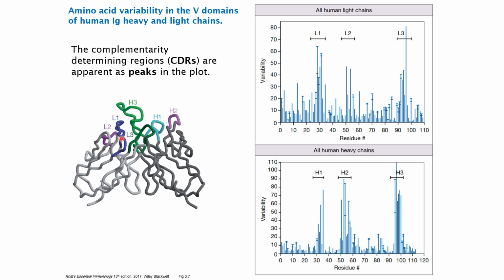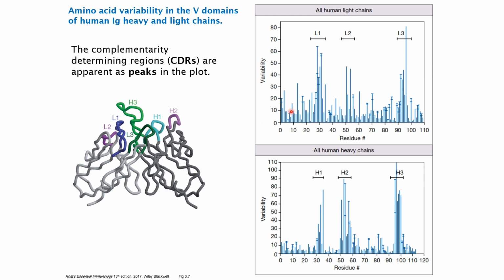People have looked at the sequence variation in variable domains across the whole length of the domain, looking across all the amino acids one by one, and for each position noting how much variation you have.